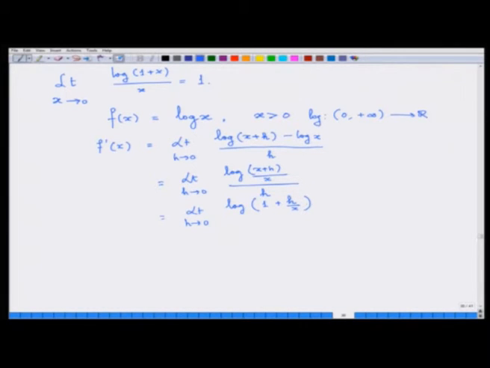See, my x is now fixed. x is a fixed number and x cannot be 0, x has to be bigger than 0. So now what I will do is here I have h by x. So I will multiply both top and bottom by 1 by x. So I will have limit h tends to 0, 1 by x multiplied at the top, which can be brought out because it is just a constant, h by x.